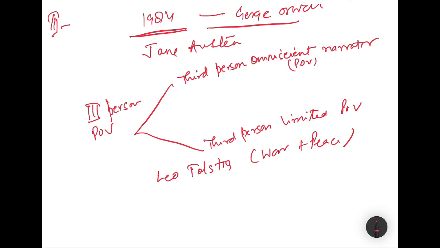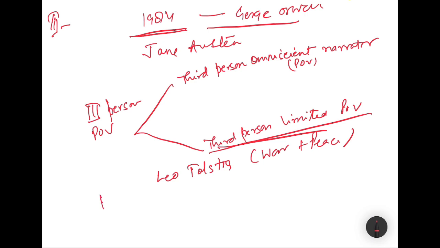And in this third person limited point of view, the author recounts the story through the eyes of a single character or a few characters and presents the story as seen from their point of view. In this mode of storytelling, we usually learn a great deal about the private history and thoughts of one character in the story.